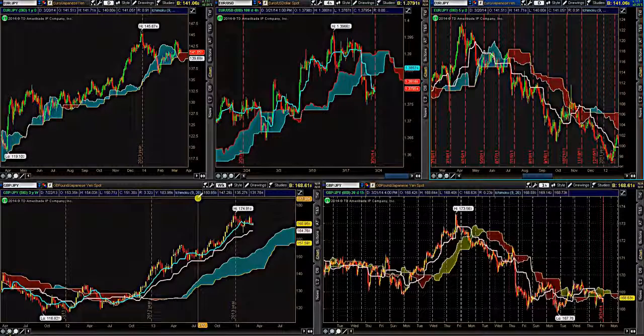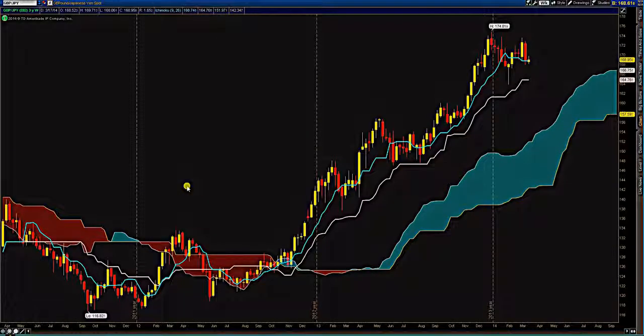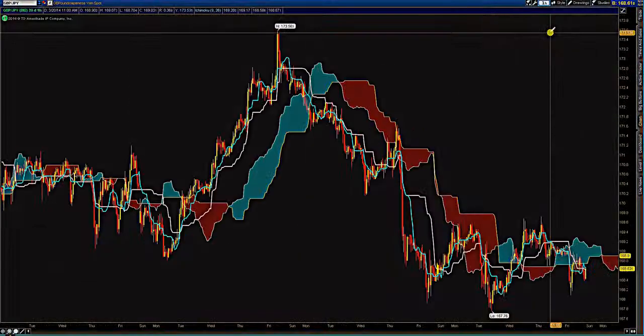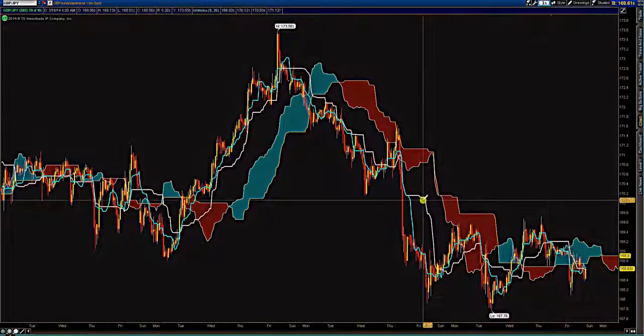Now let's combine the Tenkan-sen and the Kijun-sen. This is a very popular method of trading, similar to using a death cross or a golden cross with the moving averages.